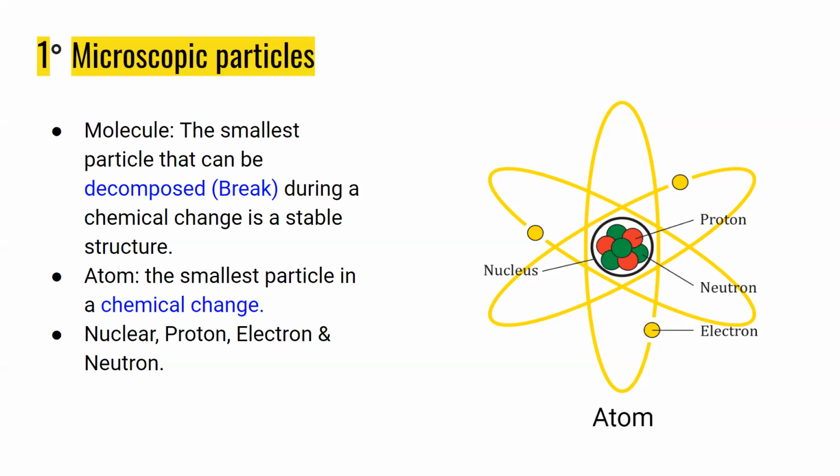Because protons have the positive electric charge and electrons have the negative electric charge, the neutron does not have any charge, so the number is not necessarily the same.